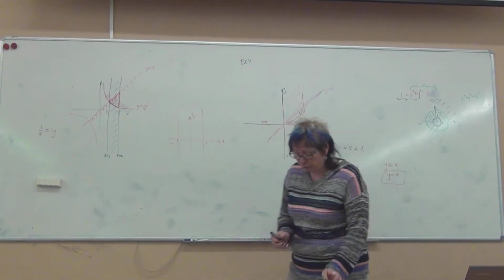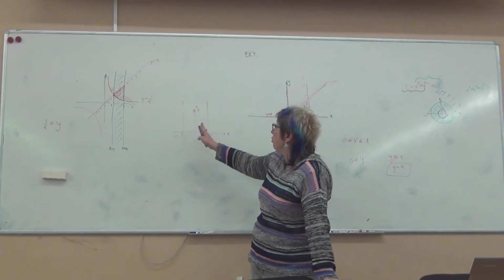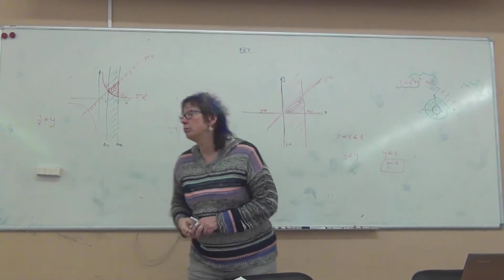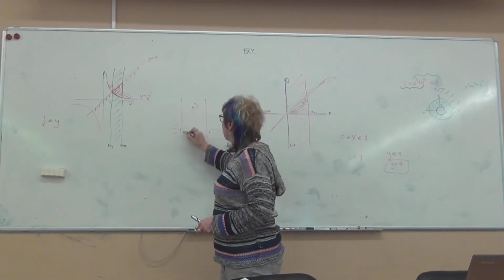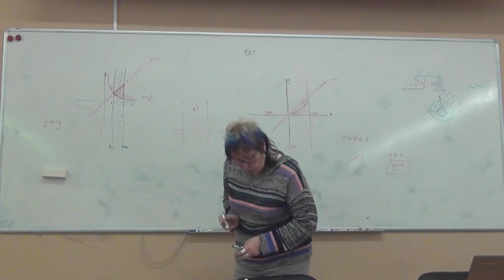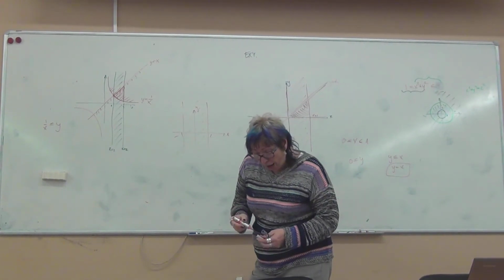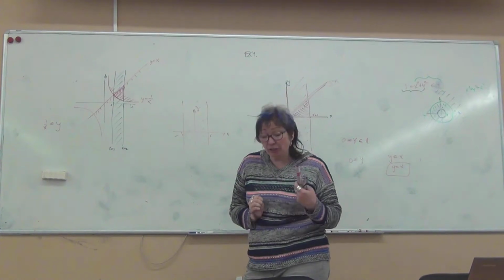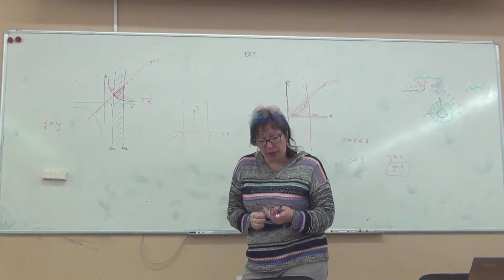So where were we? X is between minus 1 and 1, so it will be here between these two vertical lines again. Hold that understandable. Now, y has to be less than or equal to 1 and greater than or equal to x squared.